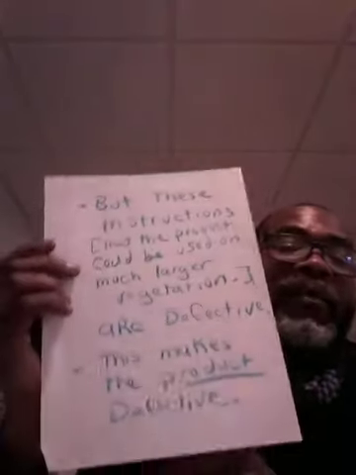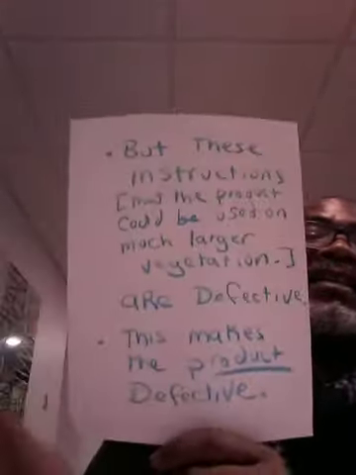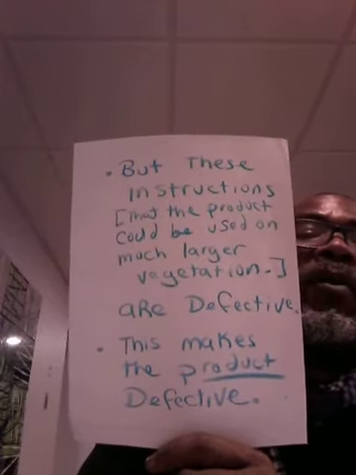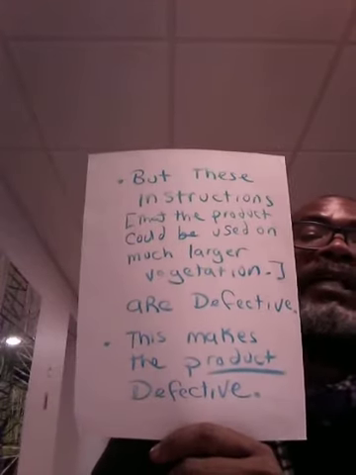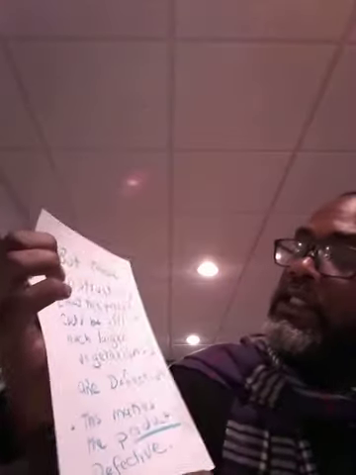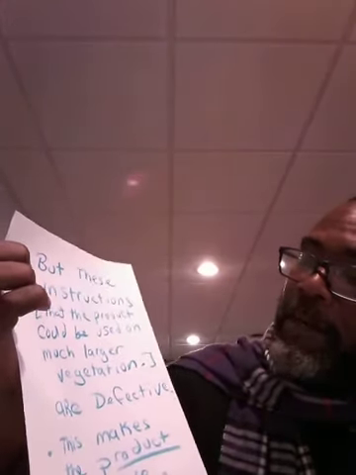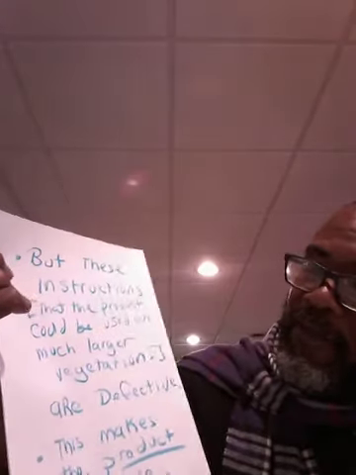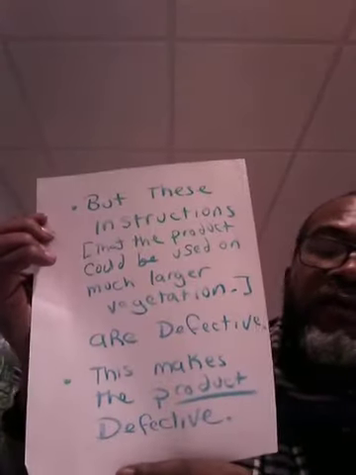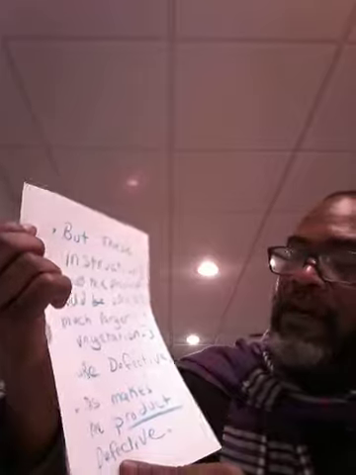But in the weed whacker case, the instructions were intentionally placed there. And so those instructions that indicated that the product could be used on a much larger piece of vegetation are defective. If the instructions are defective, this essentially makes the product defective. So that's the intentional tort.